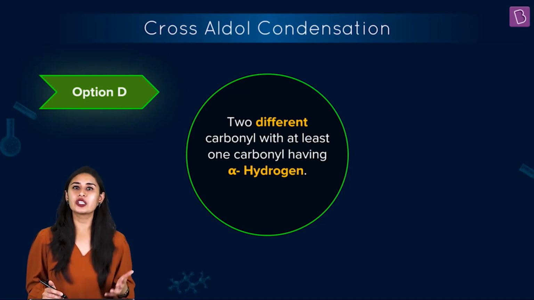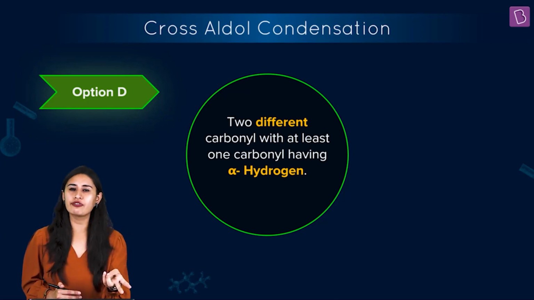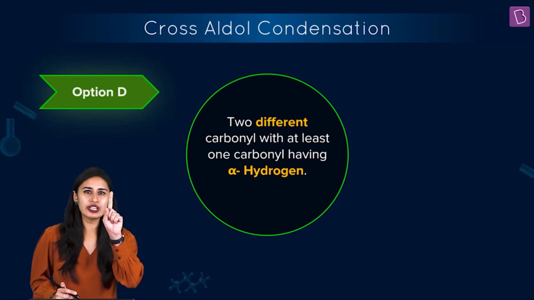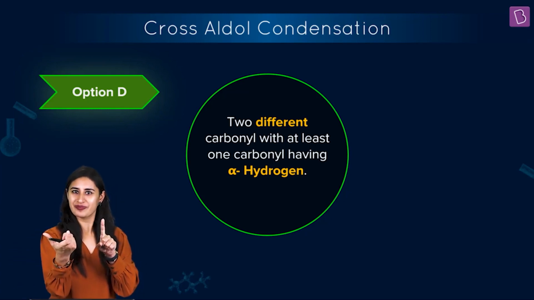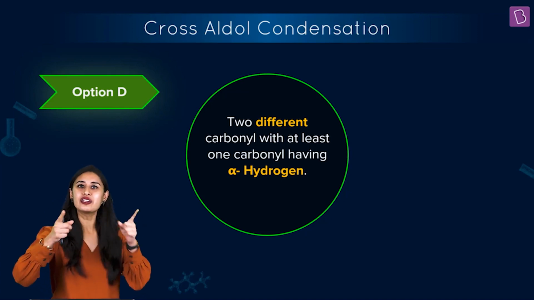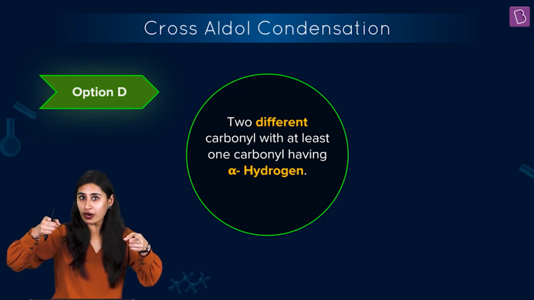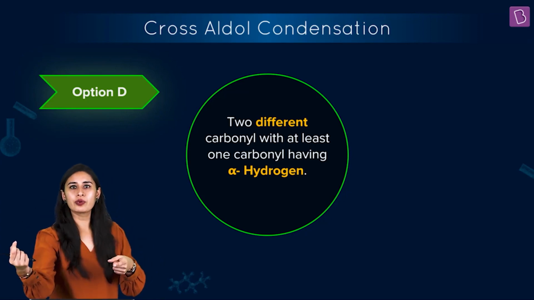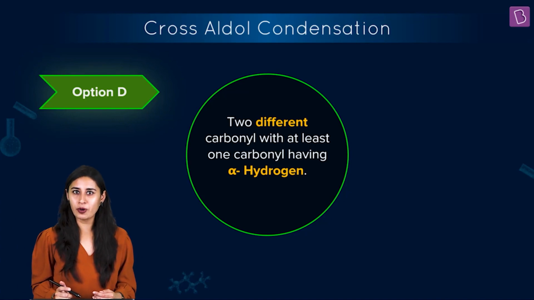Let's say if I have two compounds, both with alpha hydrogen, then 4 possible products can be formed. But in this very case, when only one has alpha hydrogen, it can condense with its own self and give you one product, and it can react in this way where one compound with no alpha hydrogen reacts with the carbonyl compound with alpha hydrogen, and one product is formed. So 2 possible products, which means cross aldol is possible, right?